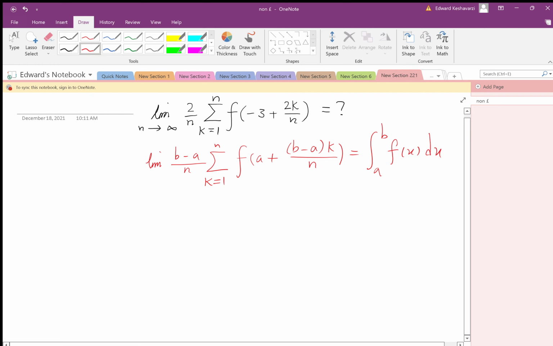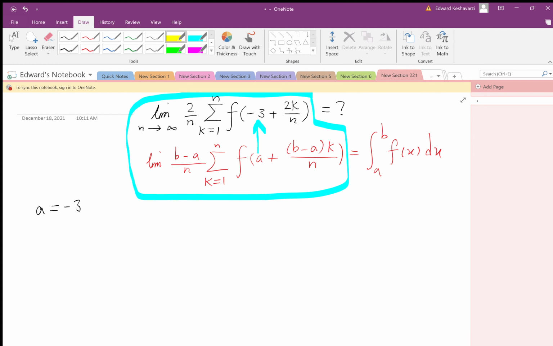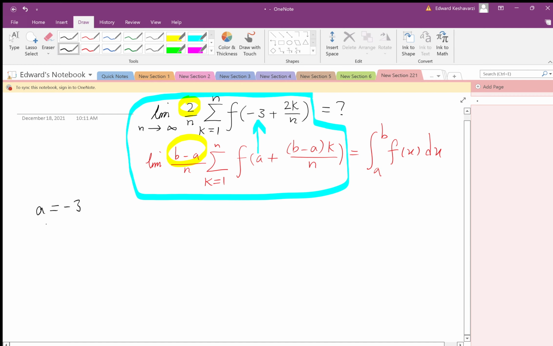First thing that we need to figure out is a. What is a? If you compare these two, it wouldn't be hard to realize that a equals -3. Also, it is obvious that b minus a equals 2. And since a is -3, b should be -1 because you want b minus a to be 2.